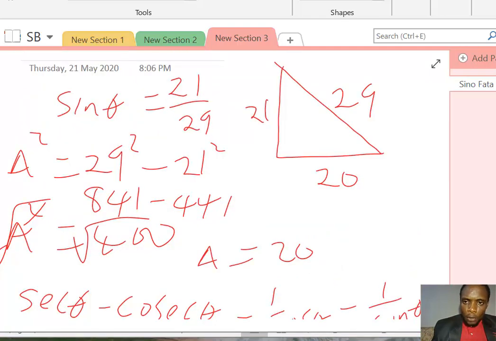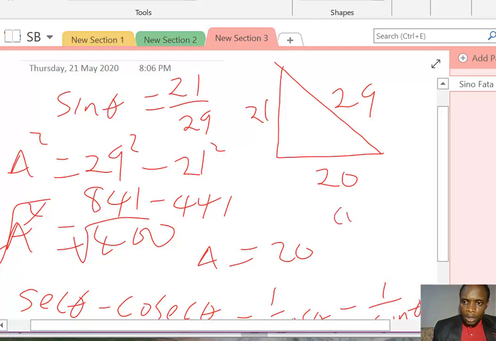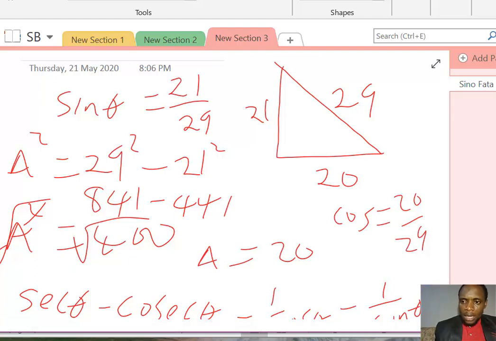Sin theta is 21 over 29 and cos theta will be 20 over 29, if you look at it. So if you find the inverse of sin theta, it will be 29 over 21, and cos theta will be 29 over 20.